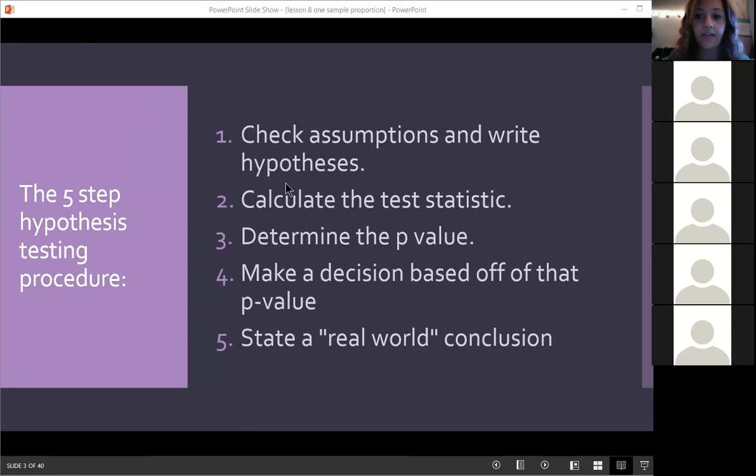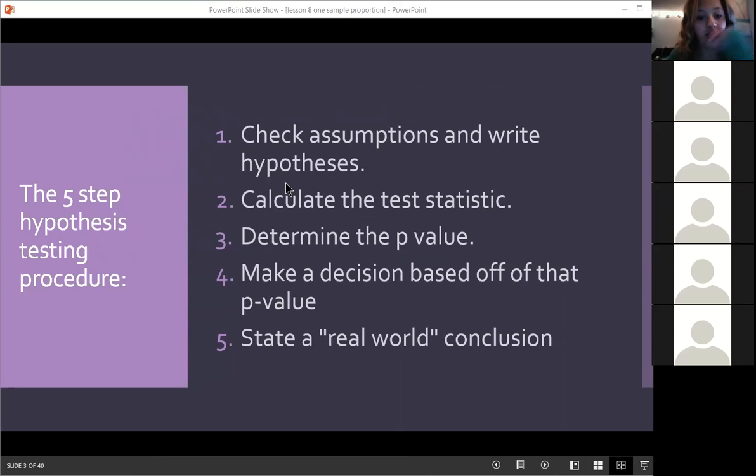Your second step is calculating the test statistic. Usually this is going to be our z-score or t. Then determine our p-value based upon our distribution, and then we're going to make a decision off of that.